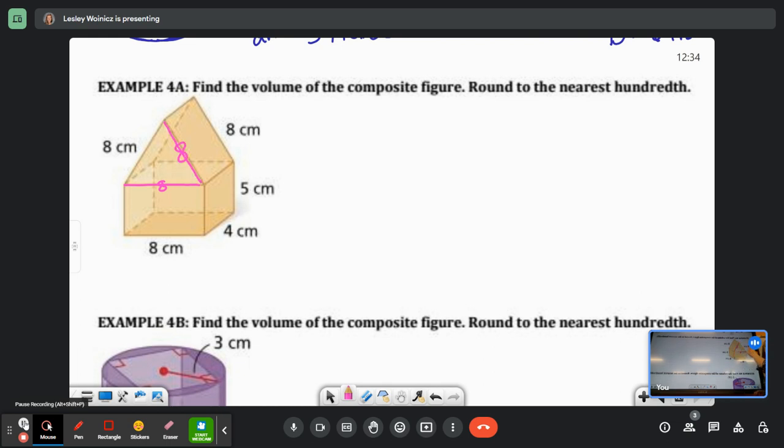So what we have here is an equilateral triangular base for that triangular prism. Okay, so let's start with that triangle. If this is 8 and this is 8, and I make my height perpendicular, then this is 4 and this one's 4.